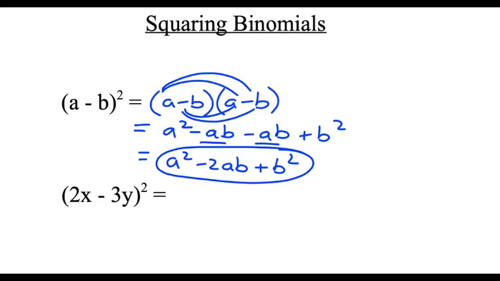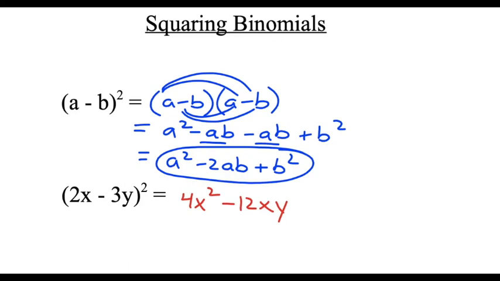So apply it down here. I should know, without FOILing, that this is going to become 4x squared for the first term. 2x raised to the second power is 4x squared. Then minus 12xy. If I multiply these two together, what's 2x times negative 3y?